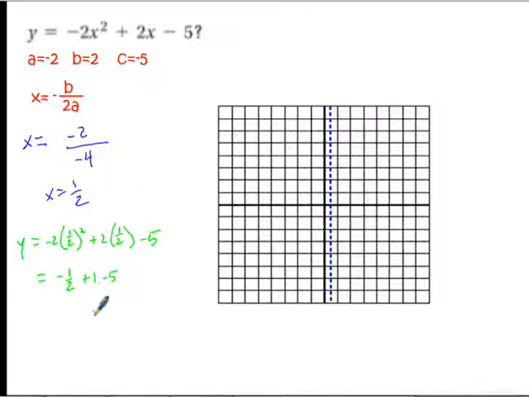And this is 1/2, and that becomes negative 4/2. So now I know that the vertex, so y equals negative 4 and a half. Did I say 4.5 or 4/2?